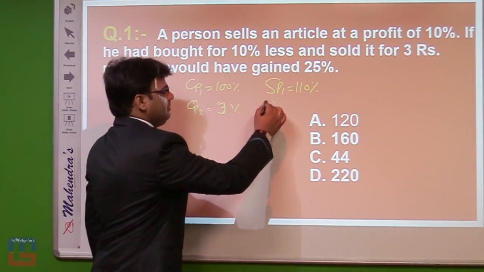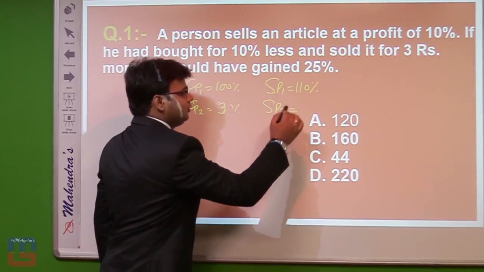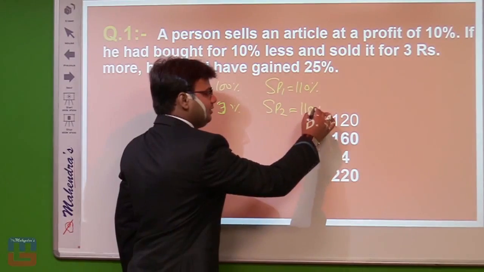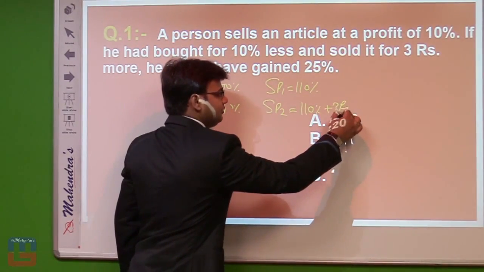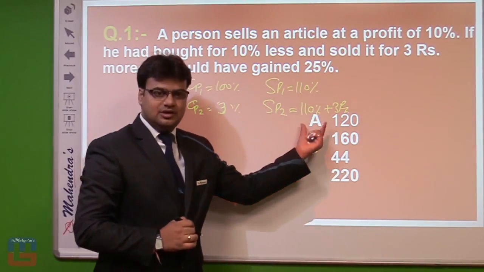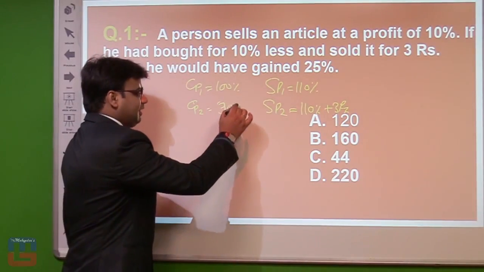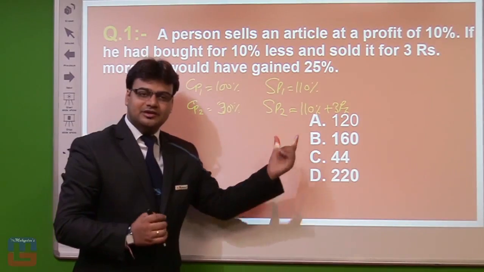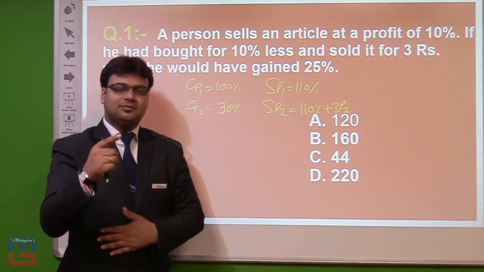And the second selling price is how much? ₹3 more, that means 110% plus ₹3. And then the profit would be 25%. That means the selling price is the cost price plus a 25% profit.